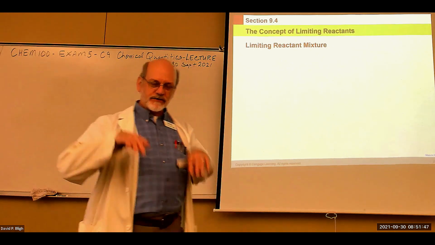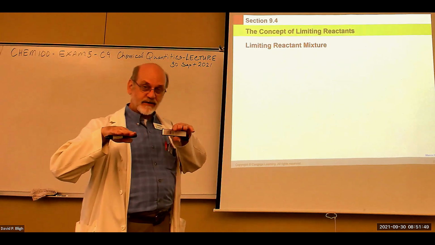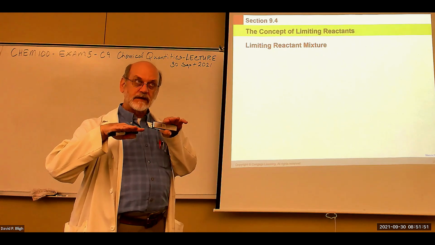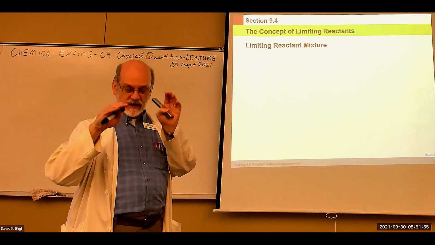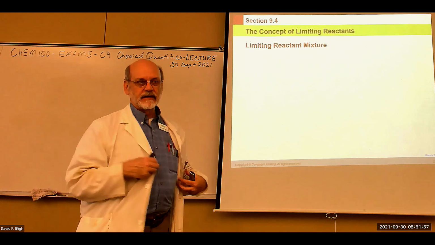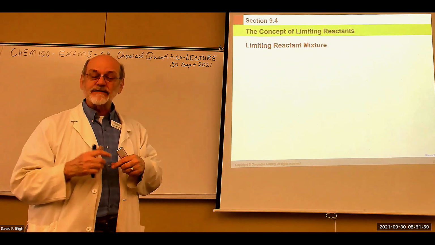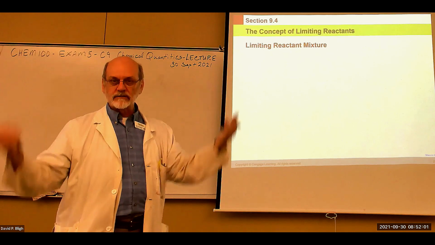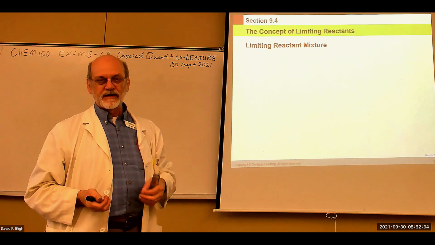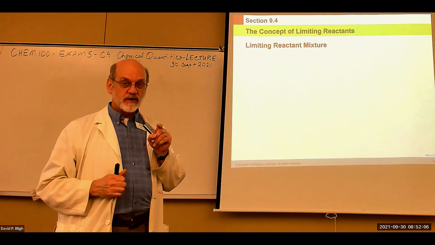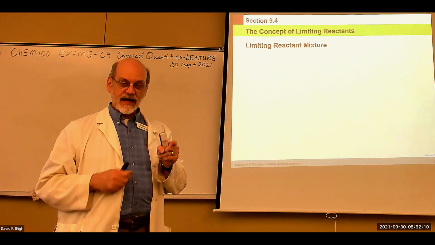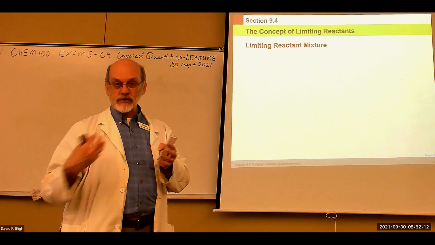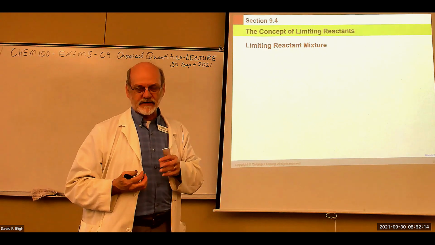So whenever you've got 2 or more reactants together before the reaction, and you're told exactly how much of each one there is in that reaction, unless it's identified as a theoretical stoichiometric mixture, then you may assume that one of those reactants runs out and the other one or the others are in excess.